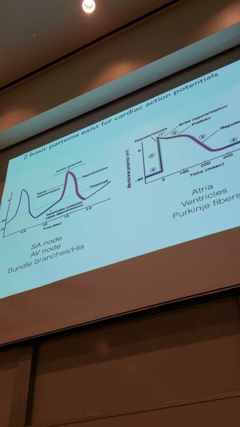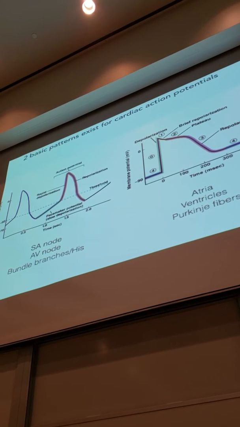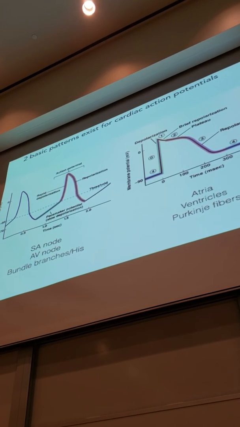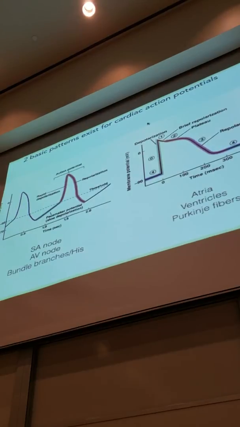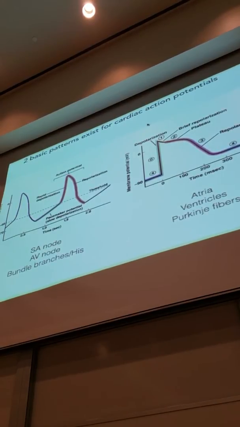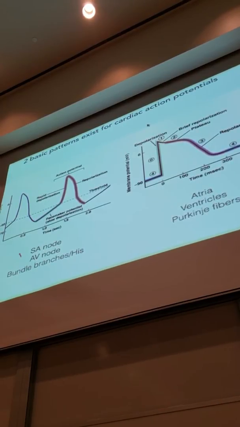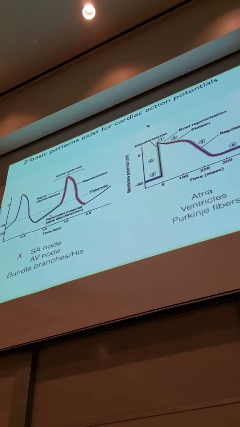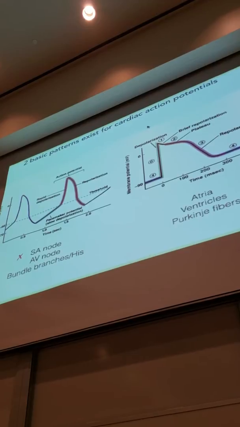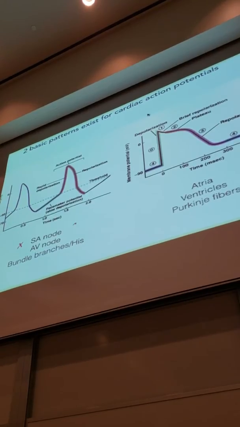I'm not going to spend too much time talking about the differences, but if you look at an SA node, people often call this the pacemaker, and its typical production of action potentials is about 80 per minute.